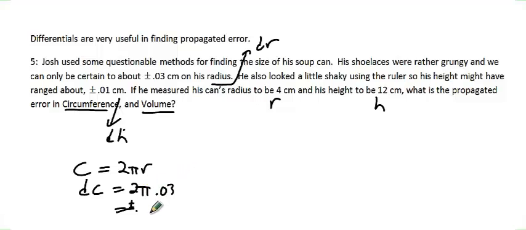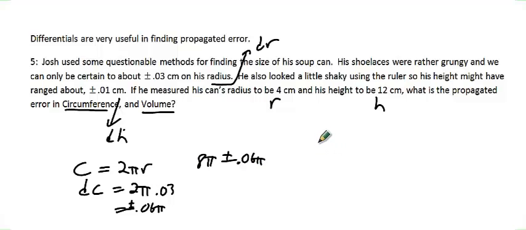You can do a plus or minus error, or you just say you have an error of this, meaning the plus or minus. So 0.06 pi. You can convert to a decimal if you'd like to. That means that the error could be within plus or minus 0.06 pi of the actual number. So if you plugged in your circumference, your radius would be 4, so we get 8 pi, basically plus or minus 0.06 pi. Those are kind of our error bars on there. That would be where I would expect the circumference to fall.